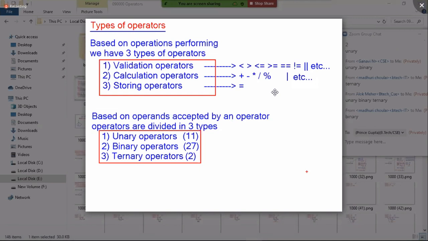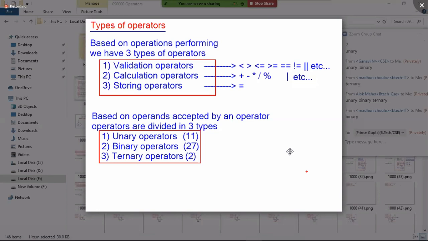We have 3 types of operators based on operands. Some operators will take only one operand. Some operators will take 2 operands. Some operators will take 3 operands.